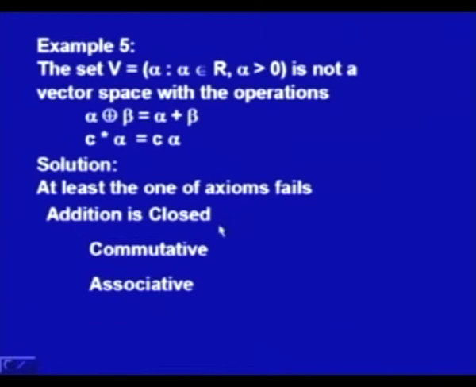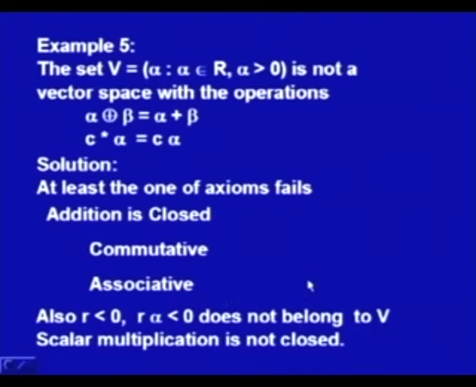So, it is closed. It is commutative because alpha is a real number, so alpha plus beta is also a real number. Similarly, this addition is associative in this case, that is also satisfied. But when it comes to scalar multiplication, if we take a scalar R which is negative, then R alpha is also negative.